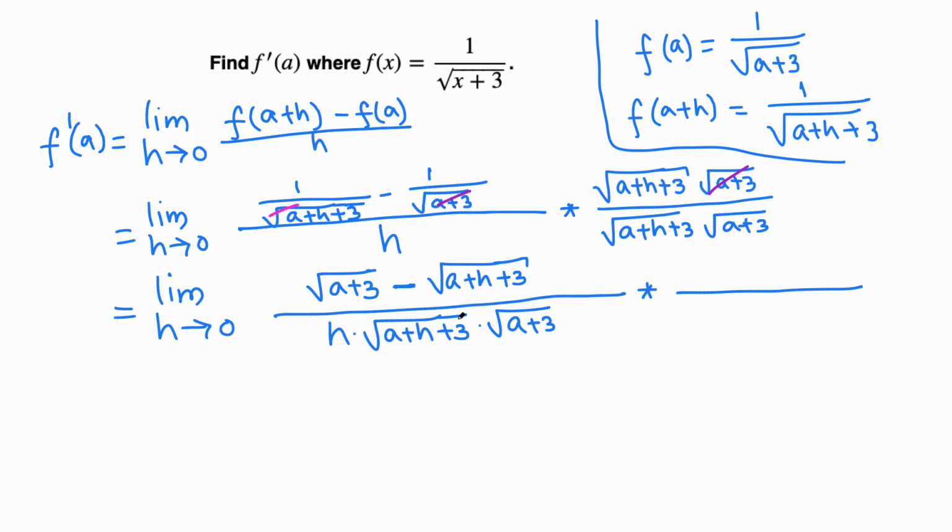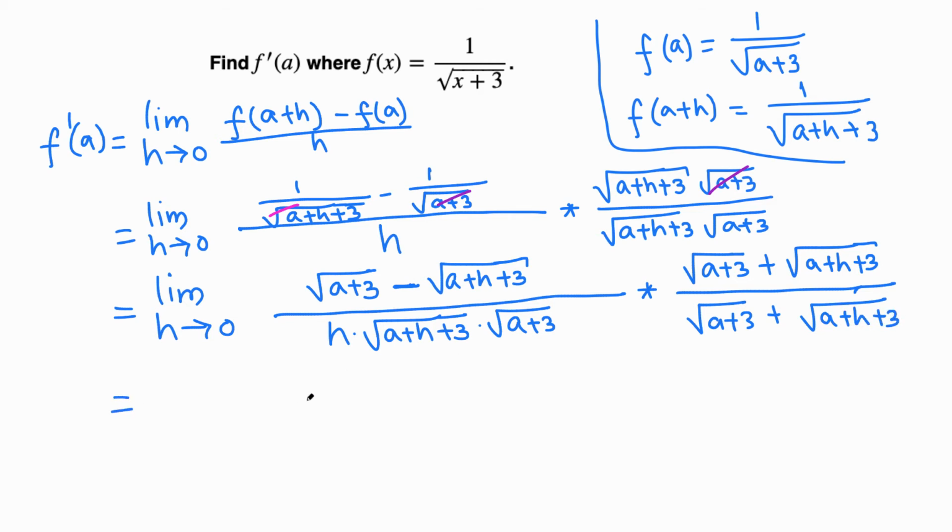Now the conjugate of this, negative means plus, so we multiply by square root of a plus 3 plus square root of a plus h plus 3, and the same thing on the bottom, square root of a plus 3 plus square root of a plus h plus 3. Okay, let's multiply.